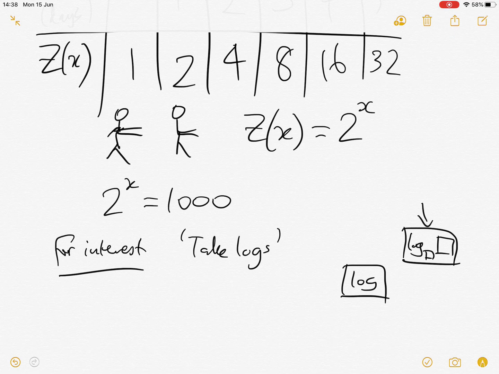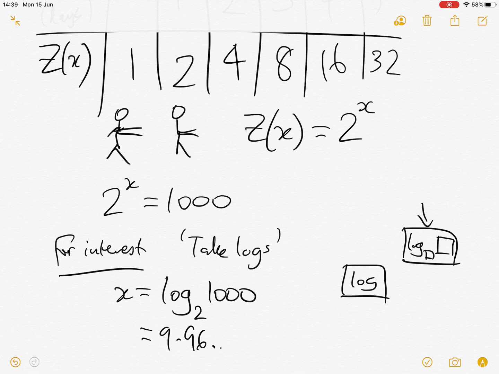You want this one for now. So if you use this one and enter log, and then the small number is going to be 2, and then the big number is going to be 1,000, this is x. So this is the exact value, which should be 9.96 something.